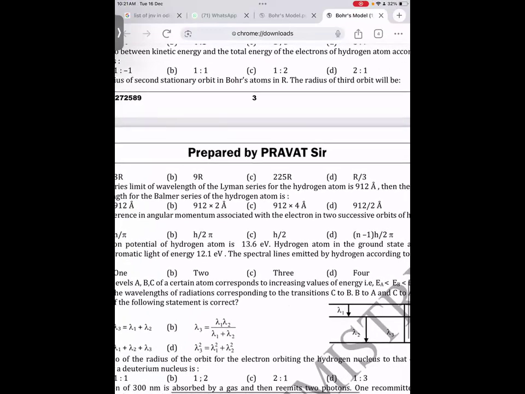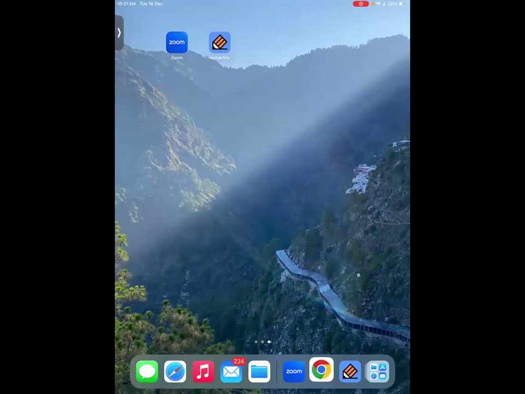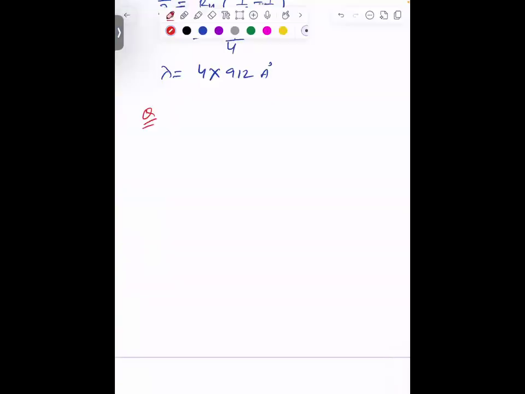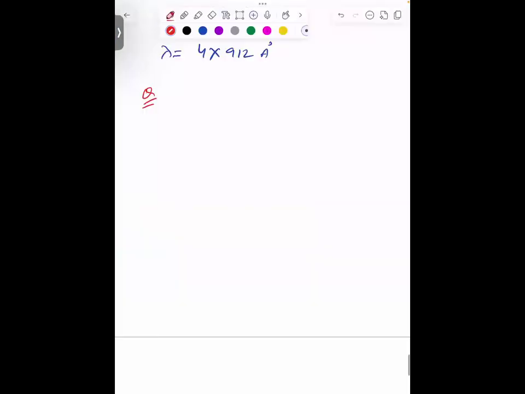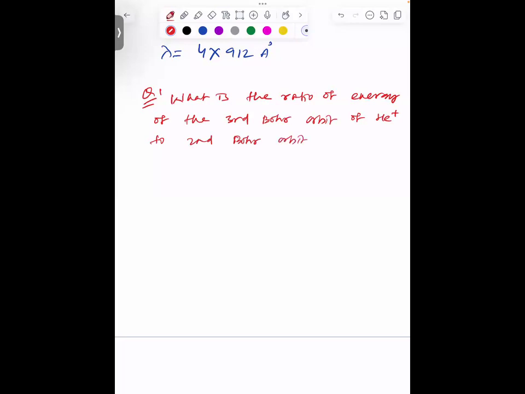Question one: what is the ratio of the energy of the third Bohr orbit of He plus to the second Bohr orbit of hydrogen.